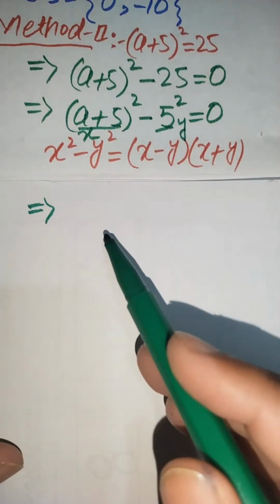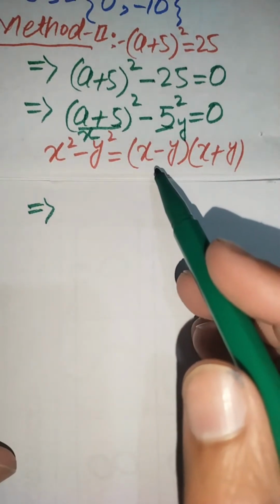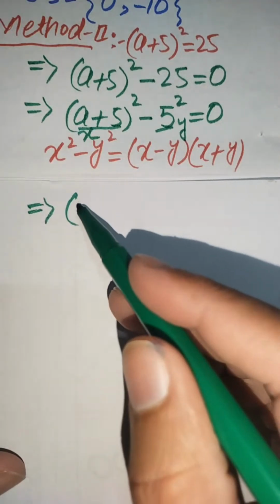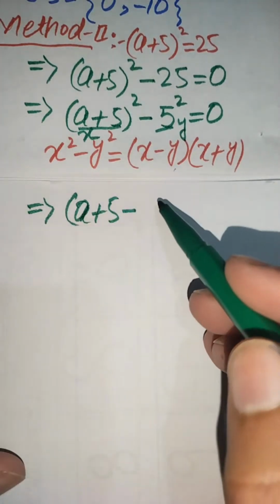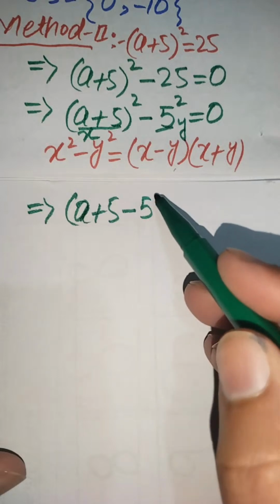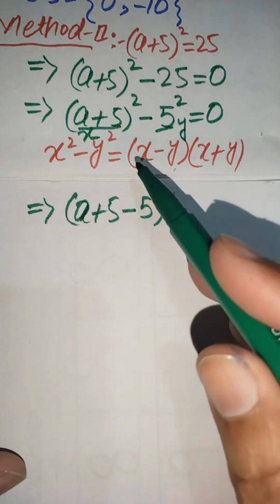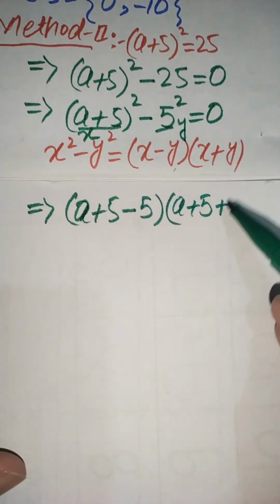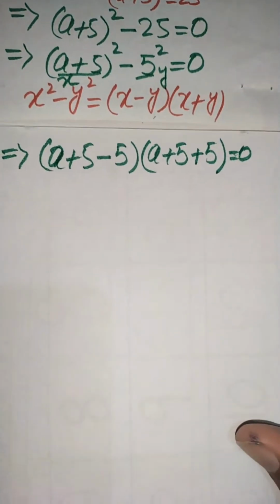After substituting these two values into the formula, it will be written as: our first factor is x minus y, the value of x is (a + 5) minus the value of y which is 5, times the second factor x plus y, so (a + 5) plus 5, and this whole equation is equal to 0.